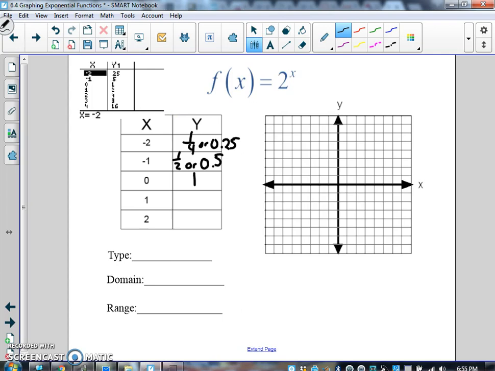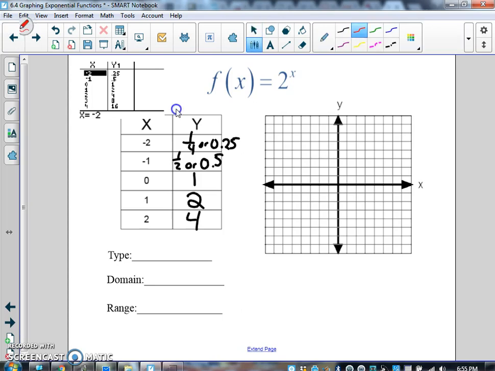When x is equal to 1, our output value is 2. When 1 is our input value, I get 2 to the power of 1, that's going to be 2. When 2 is my input, I get 2 squared, that is equal to 4.